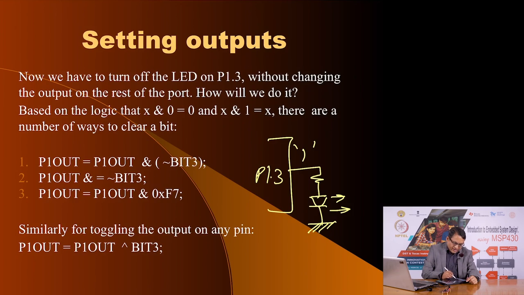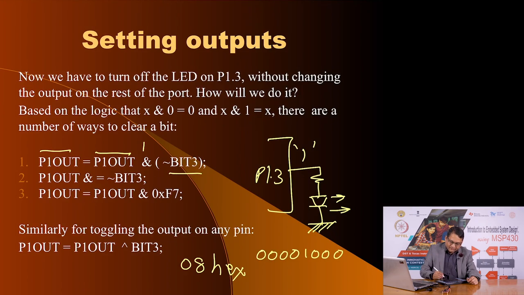P1OUT is equal to the original value of P1OUT, which means the value that exists right now on this port, ANDed with the invert of BIT3. I already mentioned what BIT3 is. BIT3 is 0x08 hex, which means 0, 0, 0, 0, 1, 0, 0, 0.